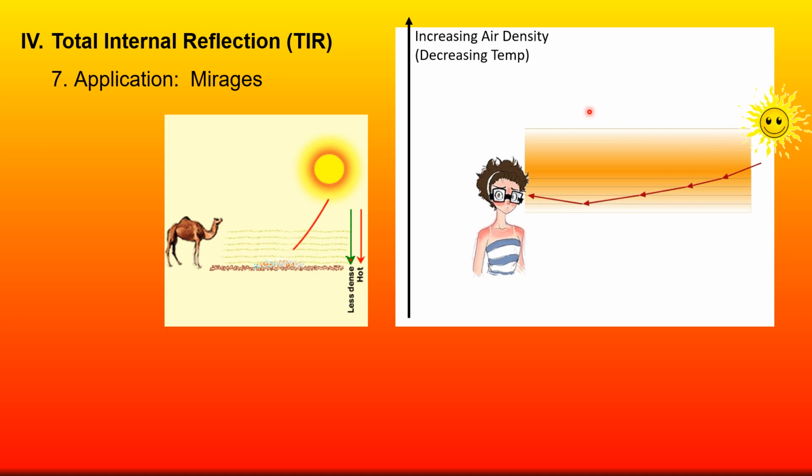And here's the thing, since our eye sees light in straight lines, remember our brain is not smart enough to interpret that refracted light, so when that light hits your eye, it would see it coming in a straight line.